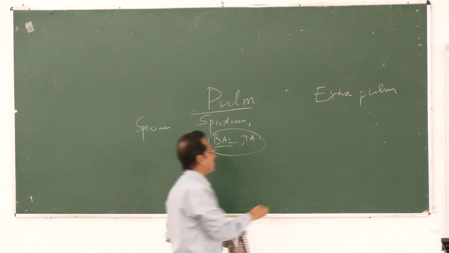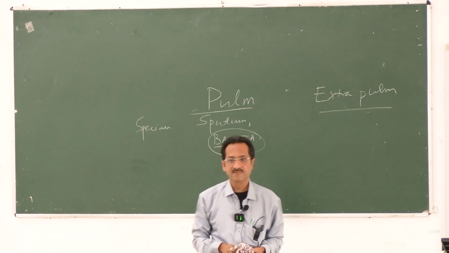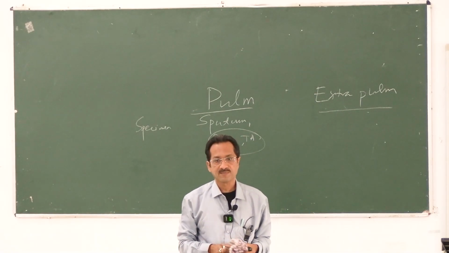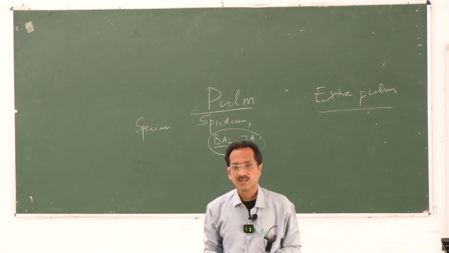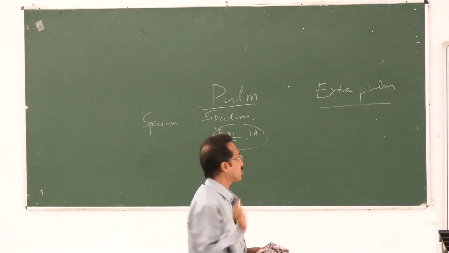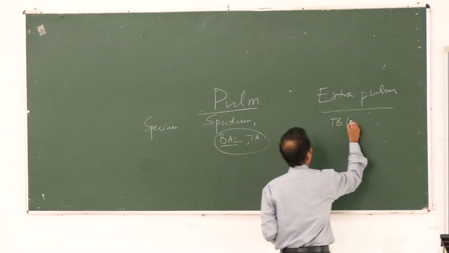And for extrapulmonary, what is the most common extrapulmonary tuberculosis? Most common is TB lymphadenitis.